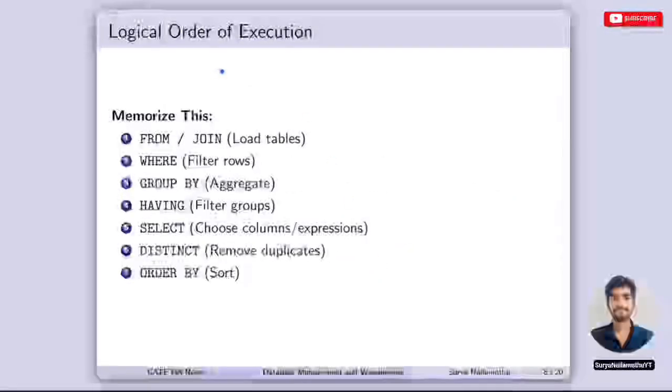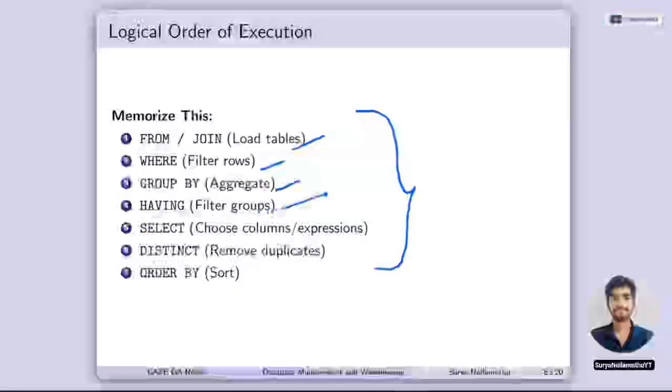Next, you need to remember these points very well. They are very helpful for knowing what operation each clause does. From and join help to load the tables. Where helps to filter the rows. Group by helps with aggregation operations. Having is used for filtering the groups.